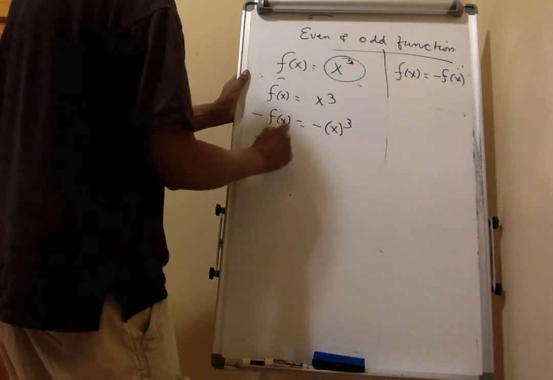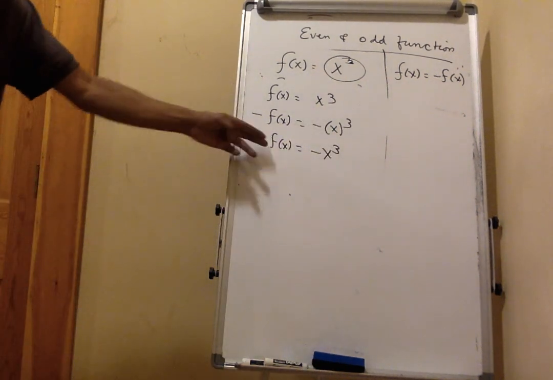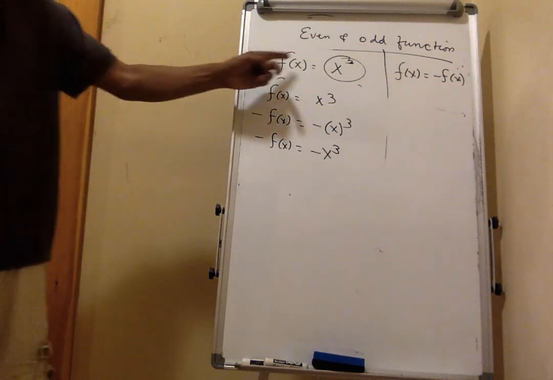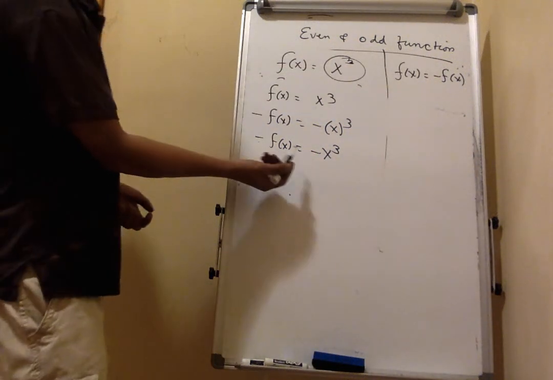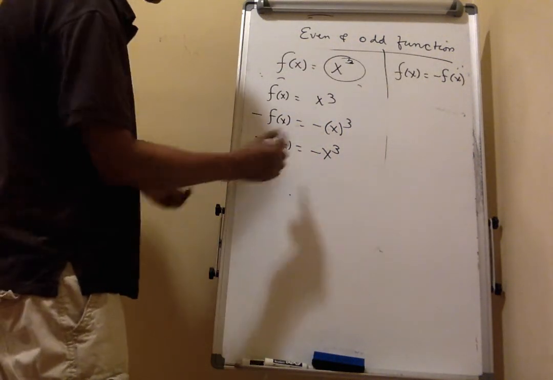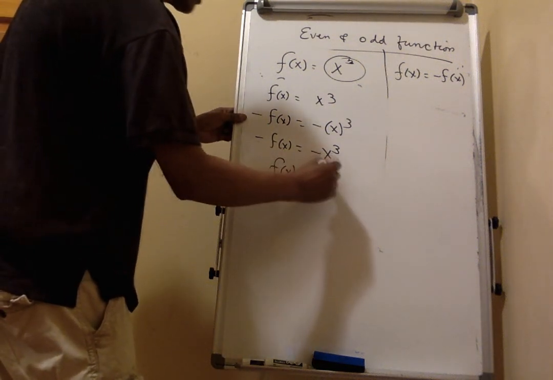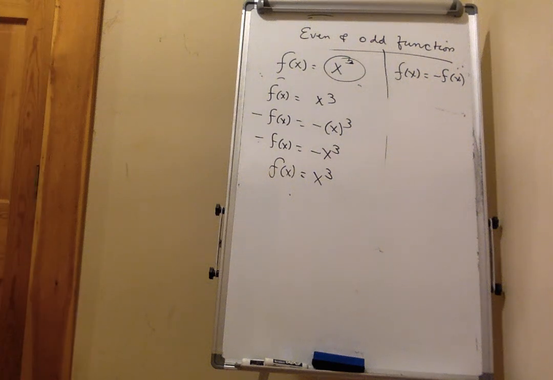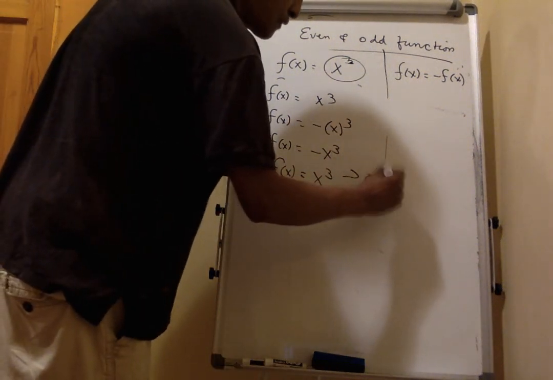If I multiply both sides by negative 1, I end up with what? F of x is equal to x cubed. I end up with the same equation. So we say what? This is an odd function.